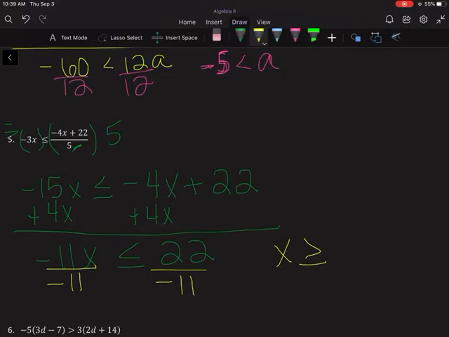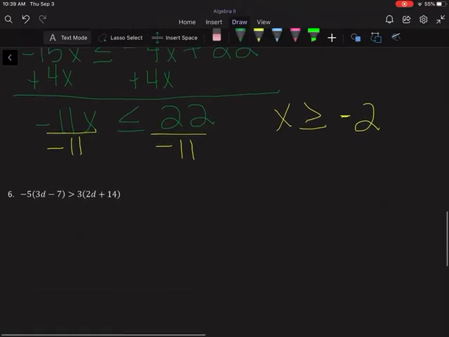And because we divide by negative 11, my sign flips. And 22 divided by negative 11 is negative 2. Okay, so don't get intimidated by this problem because it has that fraction. Just make sure you get rid of what's in the denominator first.